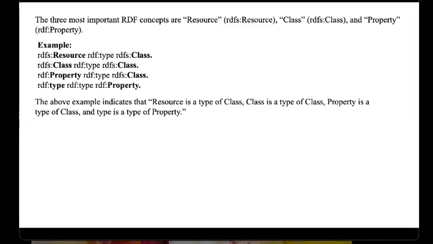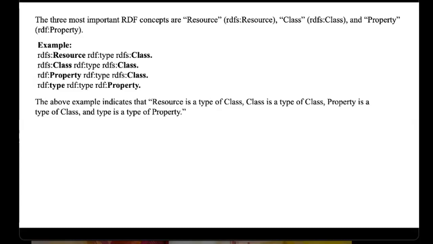Resources means rdfs:Resource, rdfs:Class, rdf:Property. These are all classes. Class is in the RDFS namespace. Property is in the RDF namespace. For example, all terms in RDFS are types of resources.